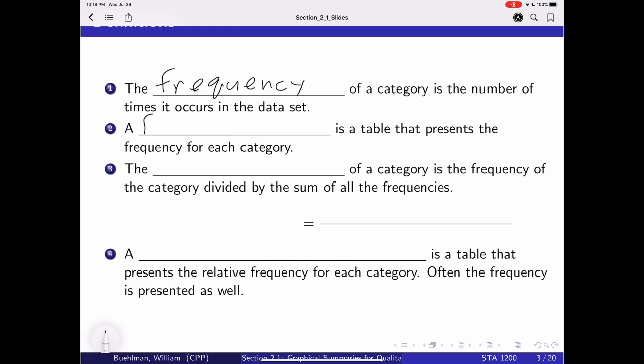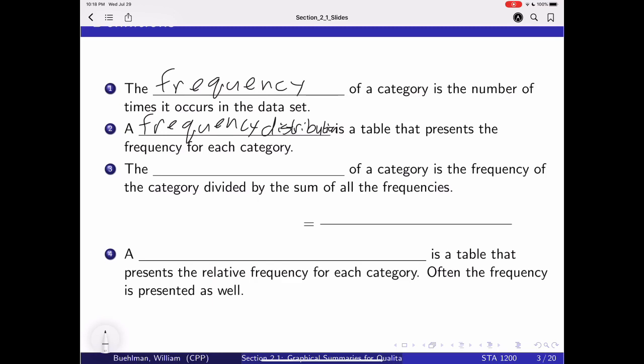So a frequency distribution is a table that presents the frequency for each category. So frequency distribution is just a nice way of presenting the frequency.